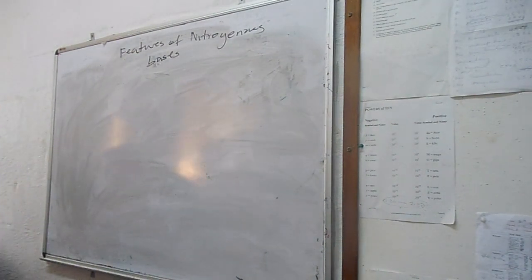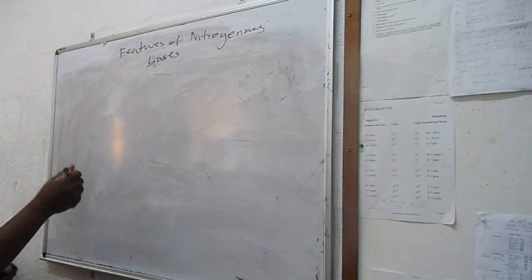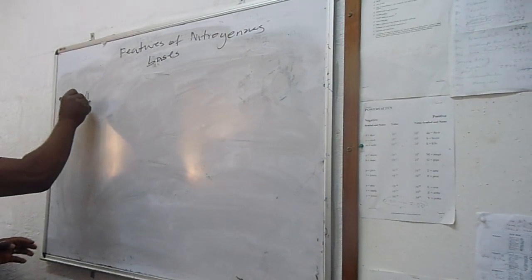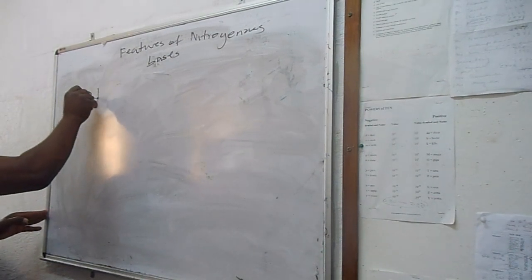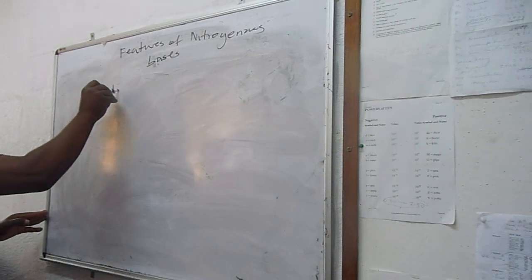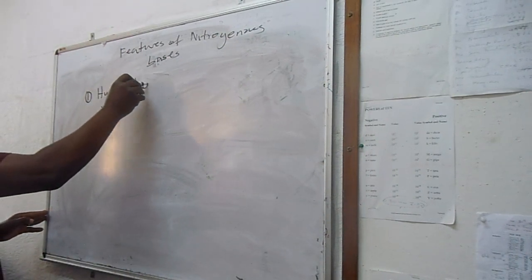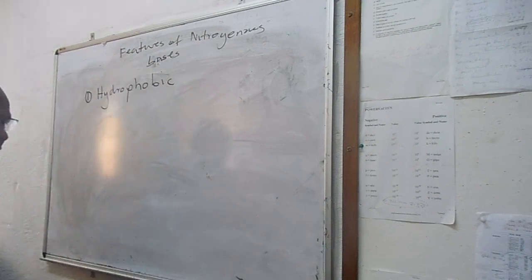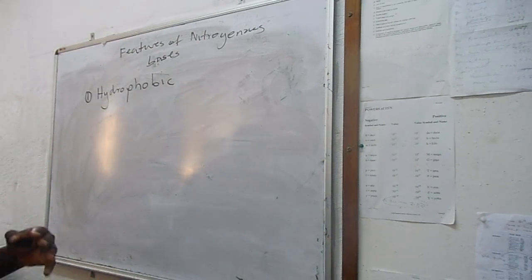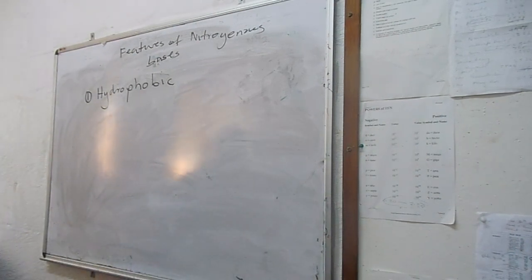One, they are hydrophobic. Both the purines and pyrimidines are hydrophobic, water hating. You can see there are a lot of carbons in the structure, so they are hydrophobic.